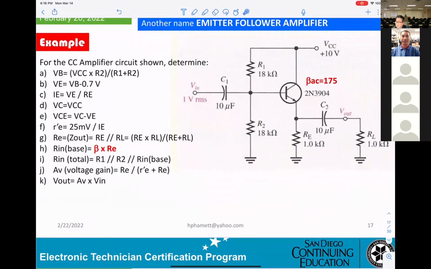Okay, go ahead and calculate it for me. We try to finish common collector and common base today to finish that bipolar transistor amplifier.